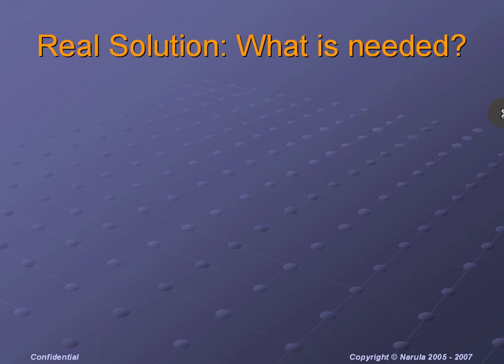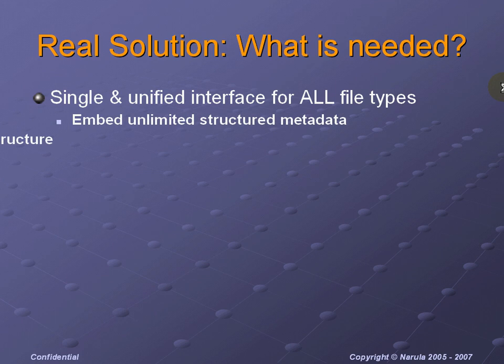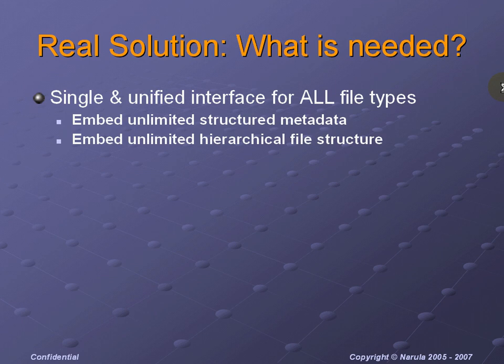So what is needed? The ideal solution should have a single and unified interface for all file types that is able to embed an unlimited number of structured metadata and unlimited hierarchical files that are associated with the original file or which the original file is dependent upon.